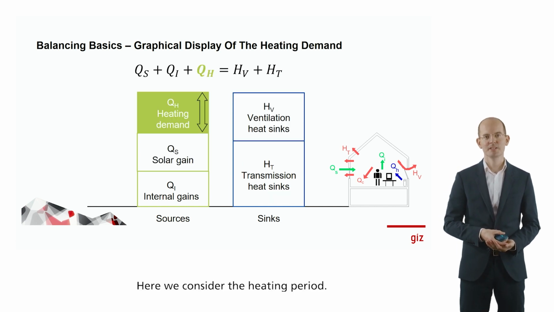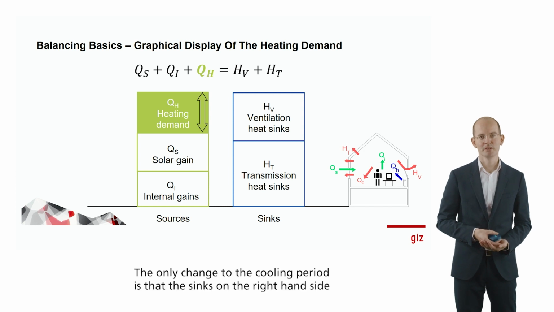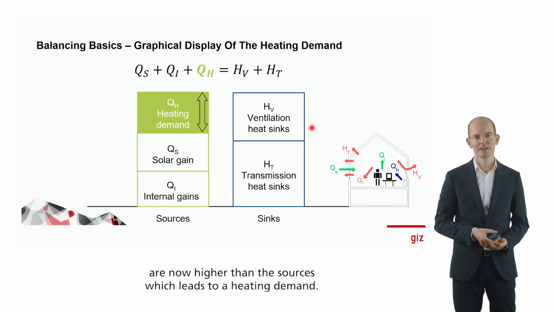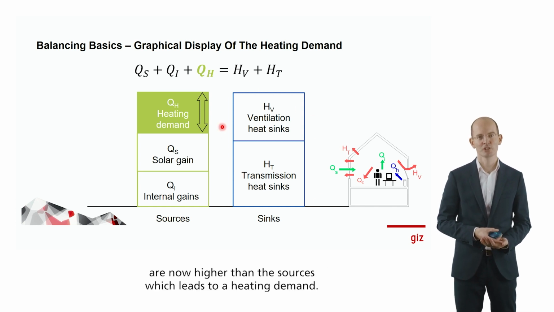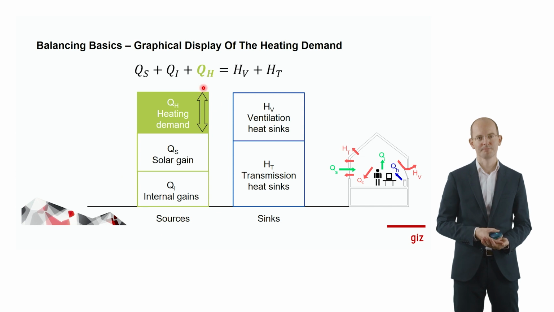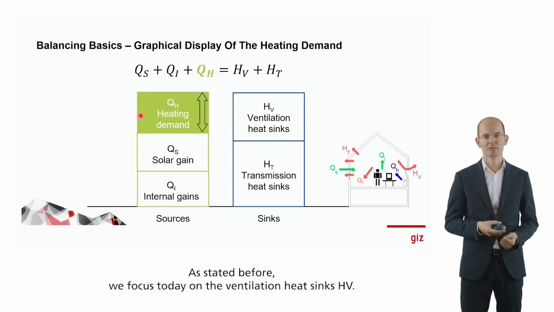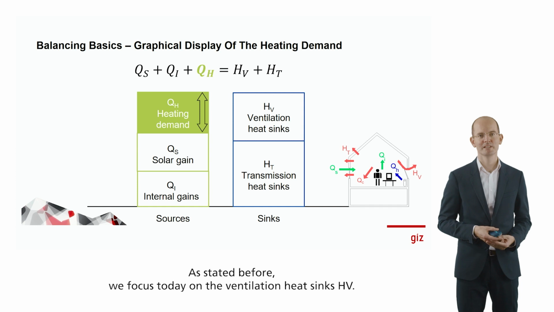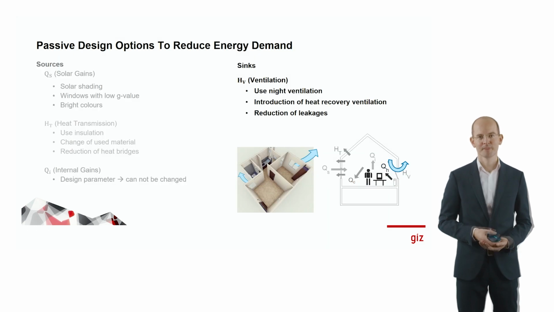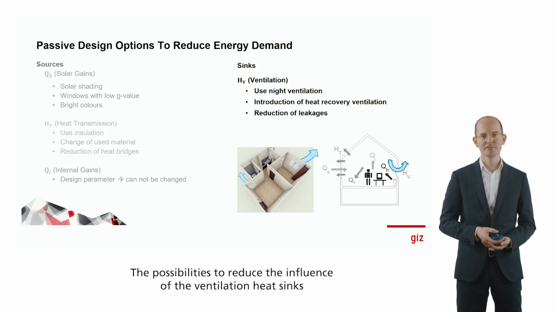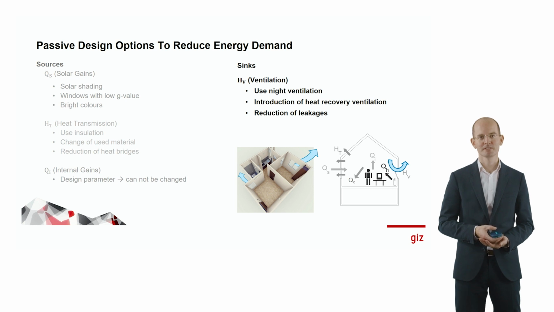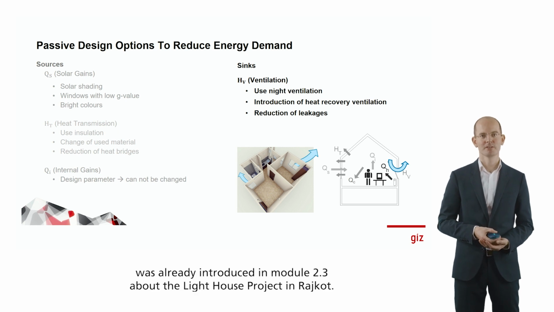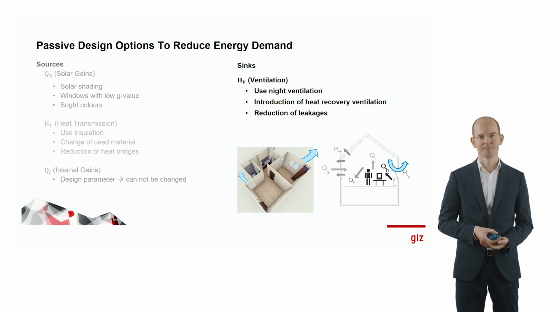Here we consider the heating period. The only change from the cooling period is that the sinks on the right-hand side are now higher than the sources, which leads to a heating demand. As stated before, we focus today on the ventilation heat sinks. The possibilities to reduce the influence of the ventilation heat sinks were already introduced in module 2.3 about the Lighthouse project in Rajkot.